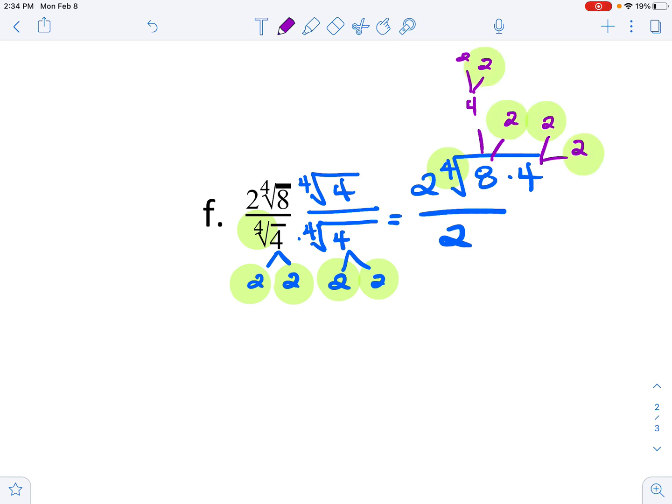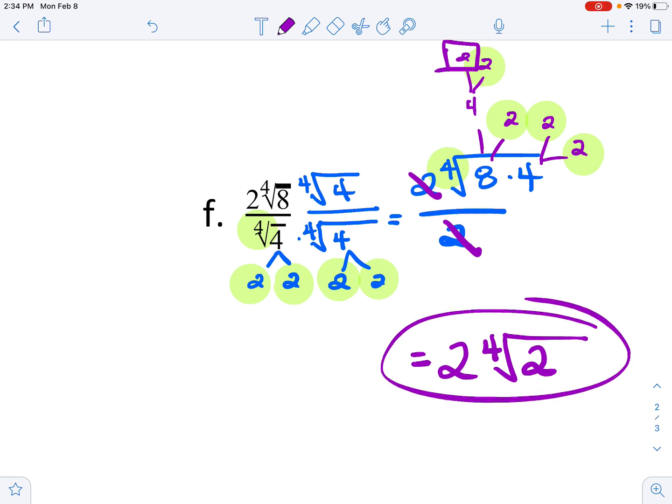That means I can bring 1 two out of the radical symbol. And oh wait, this 2 cross cancels with this 2, so really I just have nothing left. I'm bringing a 2 out of the radical. I still have a 4th root, and what do I have left inside the radical? Just 1, and that's what it simplifies to.